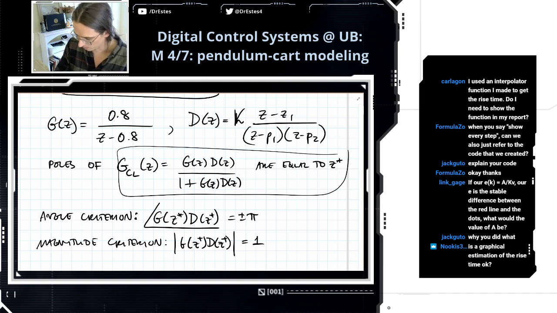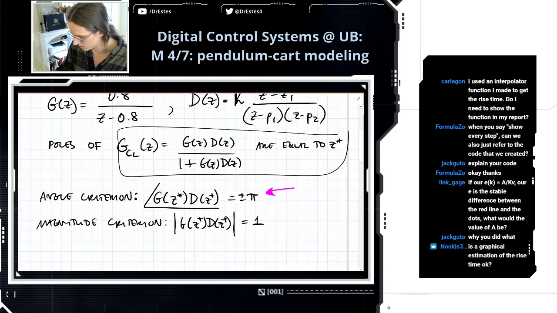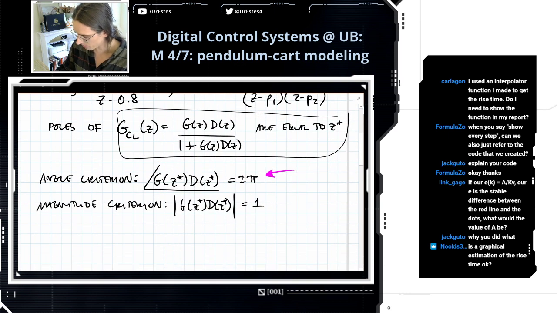And I think where many of you are getting tripped up is with this angle criterion. All right. So let's talk about that really quick.